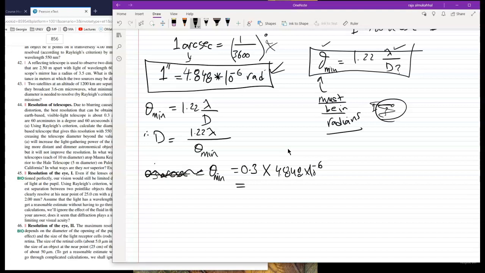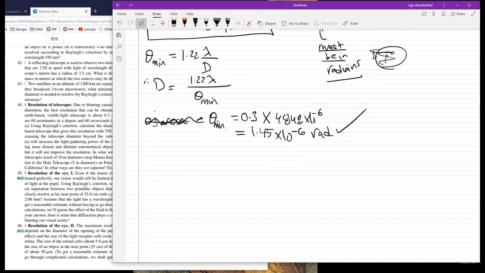Let me do my calculator. And that will be equal to 1.45 times 10 to the negative 6 radian. That's what I'm looking for. Got it? Okay. That's the hardest part about the problem, just the conversion. So anyway, we got it.